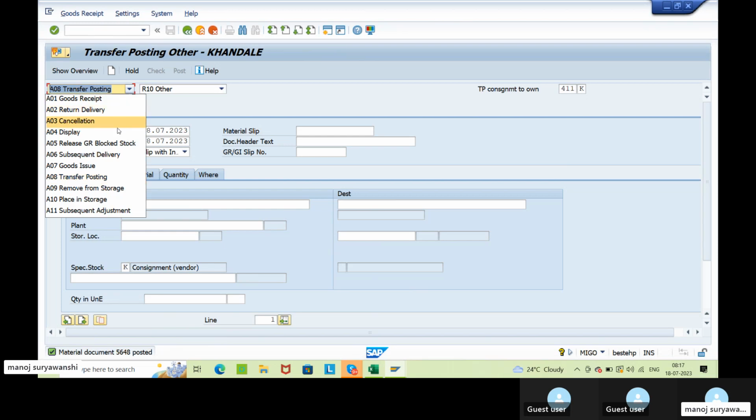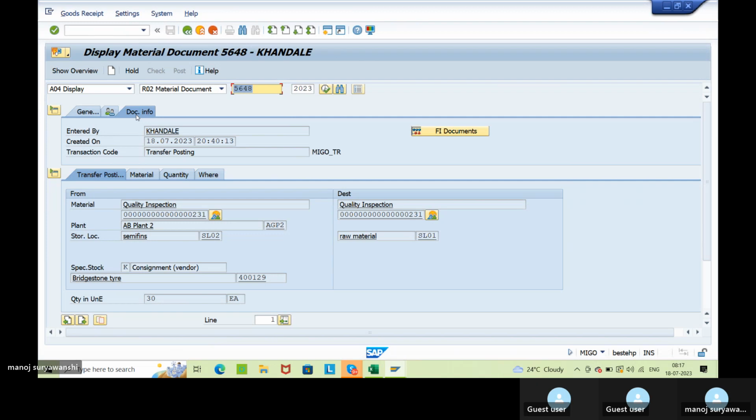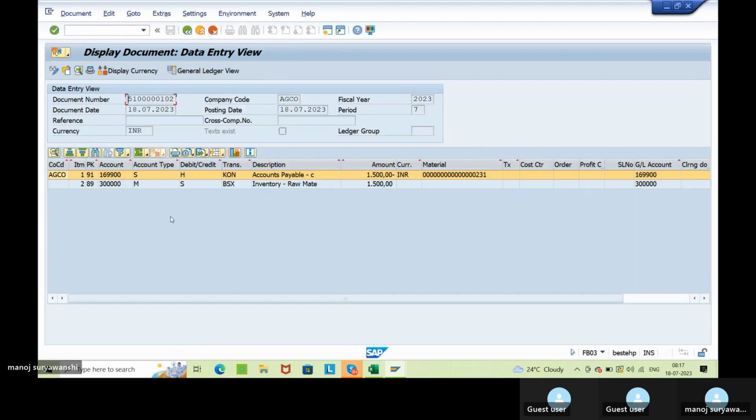Now display this. Accounting document is generated here, and you can see 1500 rupees stock is a debit to your stock account. 1500 rupees increased in our stock account, and 1500, this is like your GRIR clearing account, accounts payable. We need to pay vendor 1500 rupees.